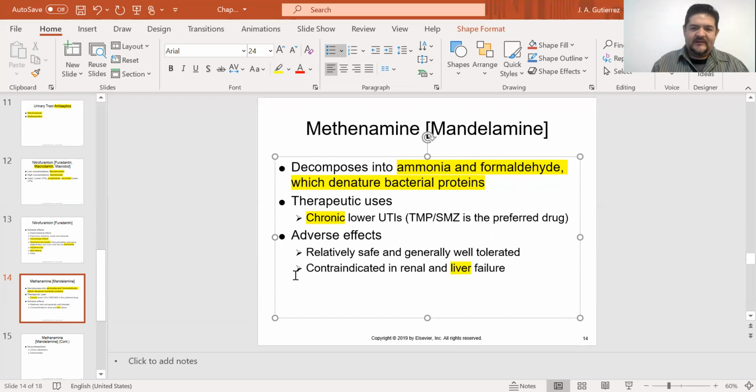So they're going to accumulate, they're going to increase, and that can affect the patient. And same thing with the kidney. The kidney is in charge of eliminating those substances. So if the kidney is unable to eliminate those two substances from the medication, same thing, they're going to accumulate, and that will damage the integrity of the patient's health.